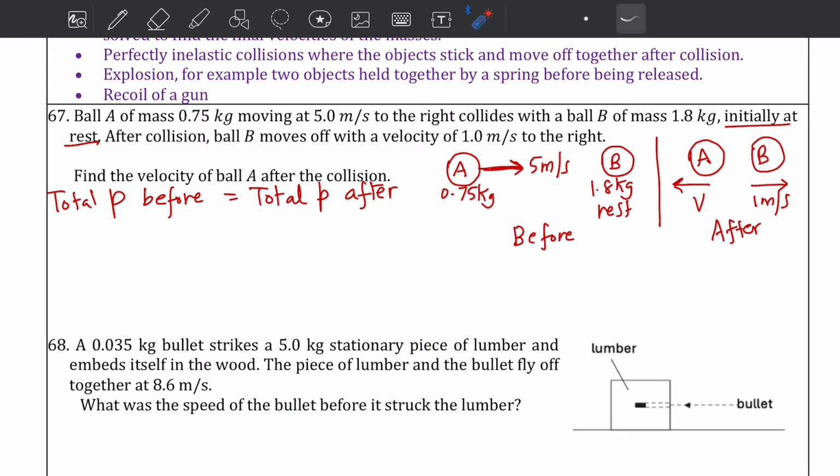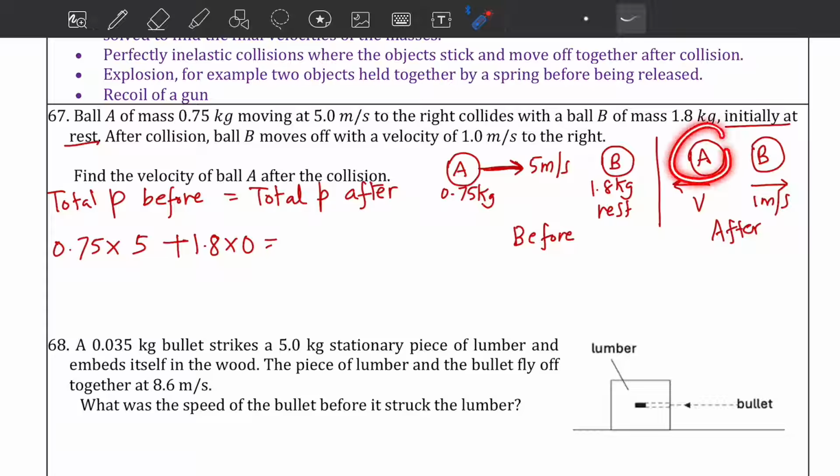Before collision, for A, the mass is 0.75, its velocity is 5 meters per second to the right, so it will be positive: 0.75 multiplied by 5, plus ball B is at rest, so 1.8 multiplied by 0, equals.